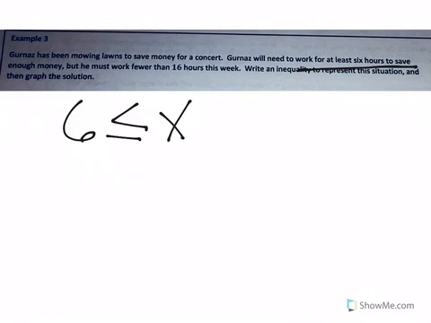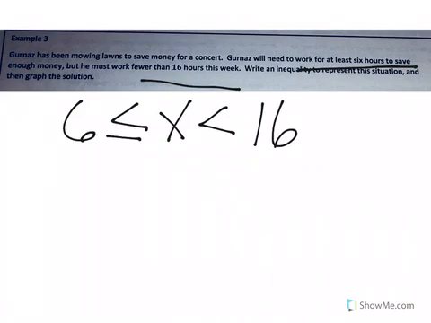However, he has to work fewer than 16. So he can't work 16. He has to work less than 16. So that's going to put us at less than 16 here. We don't have the line underneath because it didn't say he must work 16 or fewer. It just says he must work fewer than 16. So he could work 6 or more, or he could work less than 16. It's going to be somewhere in between there.